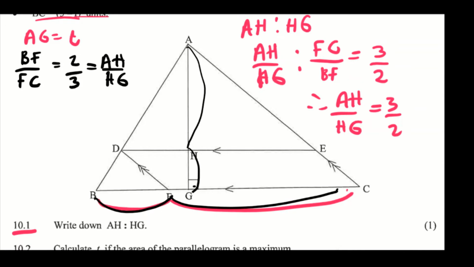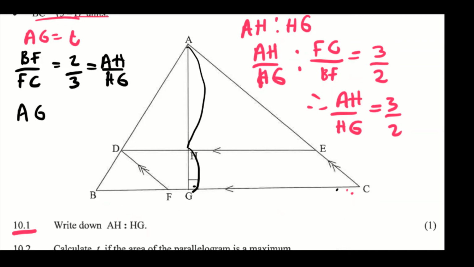So another thing that we should notice is that AG, which is this long side, is equal to the 3 and the 2 here, which is 5.